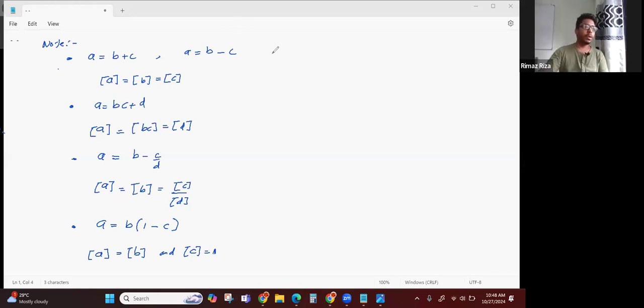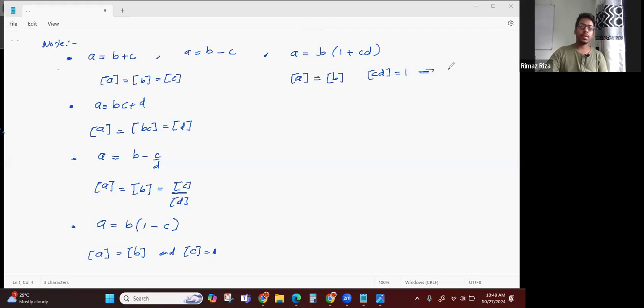Okay, and the next point, I write A equals B times (1 plus CD). Here the dimension of A must equal the dimension of B, and the dimension of CD equals 1.